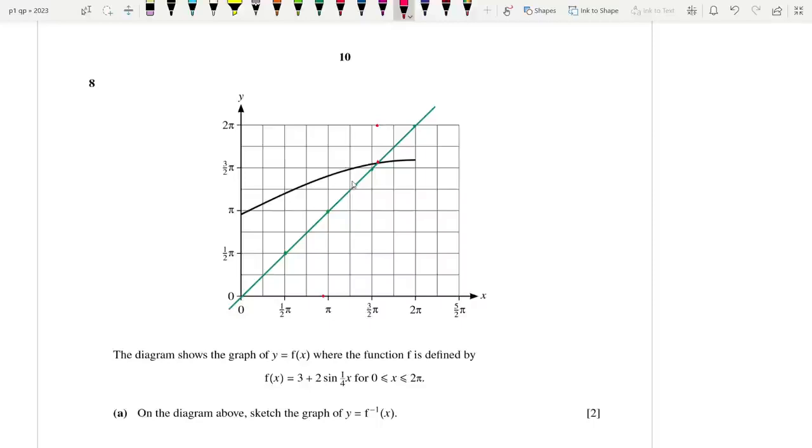What else? This point over here, half box after pi, it is almost 3 pi by 2. So similarly, a half box after pi, it will almost be at here. It was almost at 3 pi by 2.